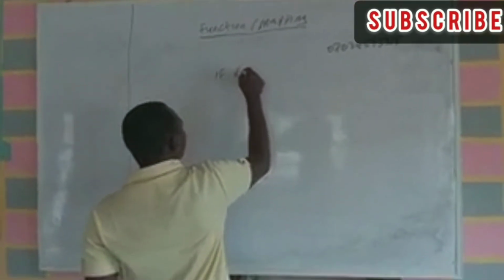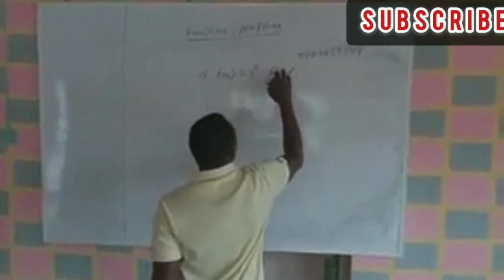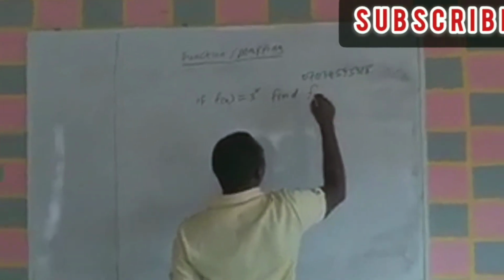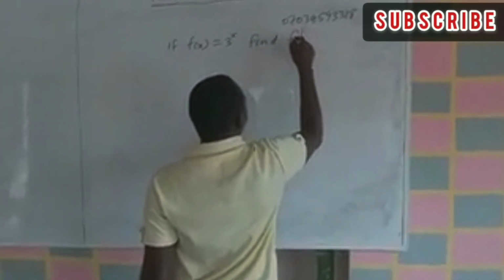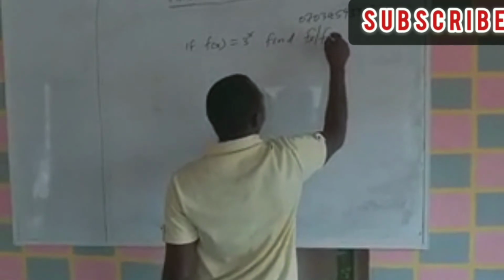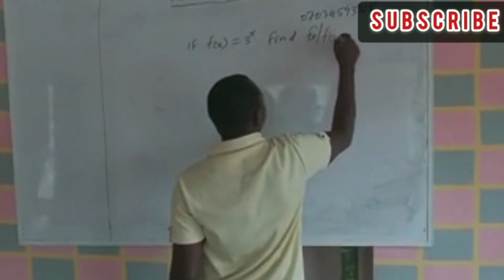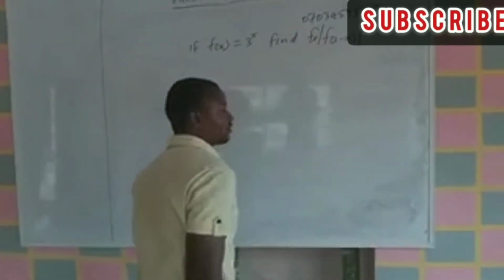So the question goes thus: if f of x equals 3 raised to x, find f of x and f of 2 minus x.